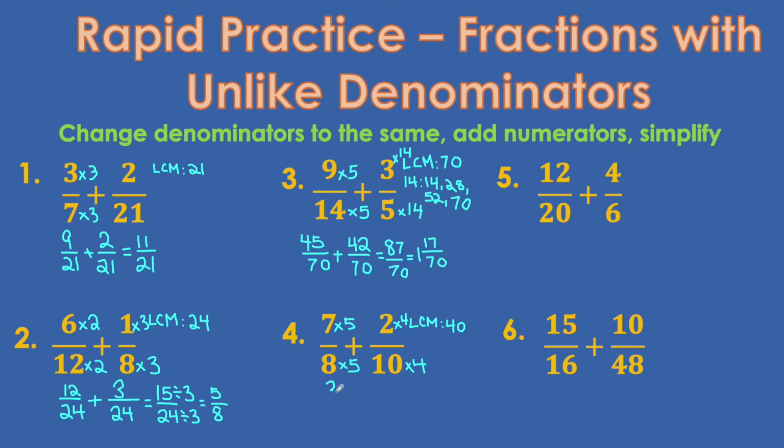And you get 35 over 40 plus 8 over 40 equals 43 over 40.